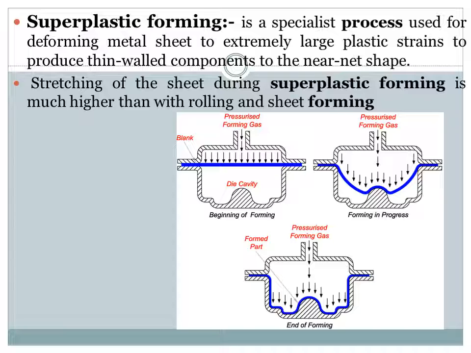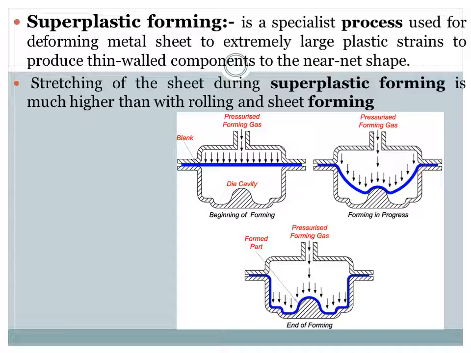And normally in the superplastic forming operation the sheet is heated to a higher temperature so that the formability is easier, and in that condition the sheet is kept there and inert high pressure gas is supplied from the top side. So when the high pressure gas comes onto the chamber, because of the high pressure the sheet is pushed into the die cavity and the required shape is transferred from the die to the blank, and the final shape is obtained.